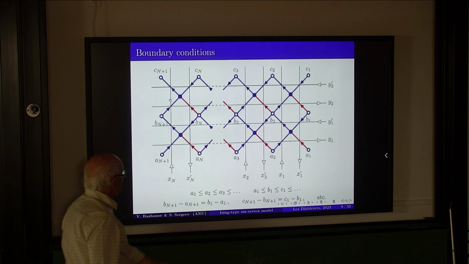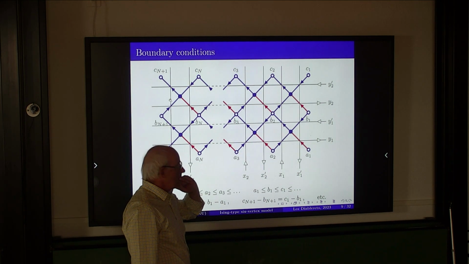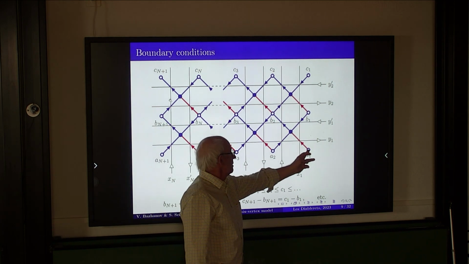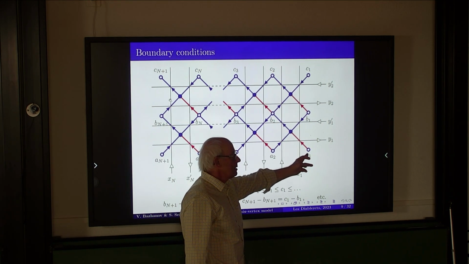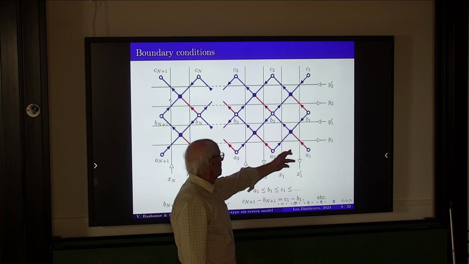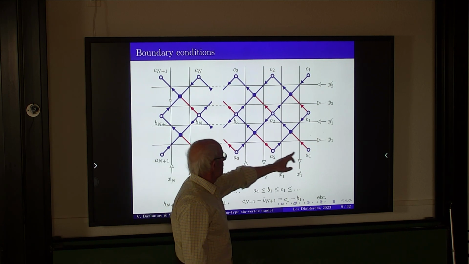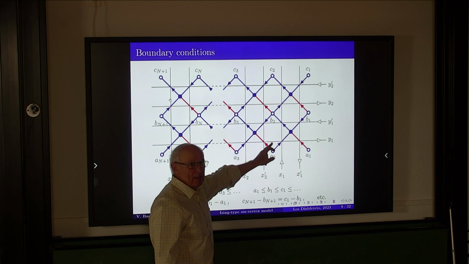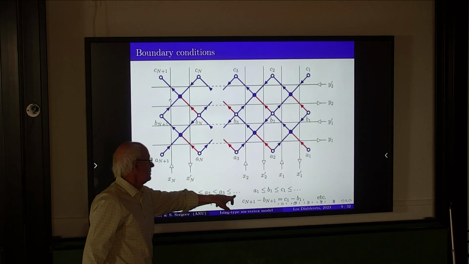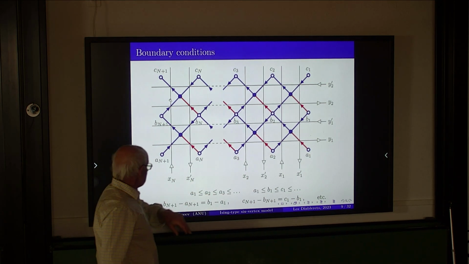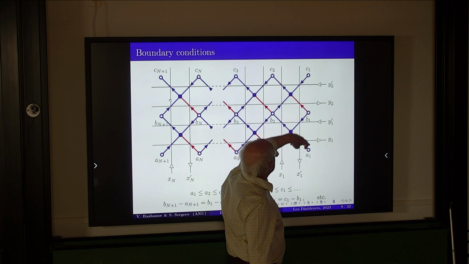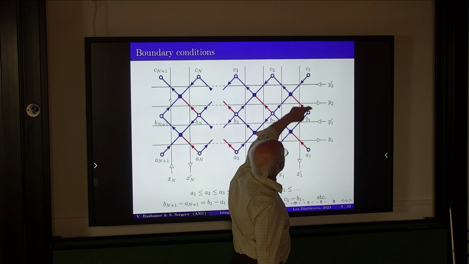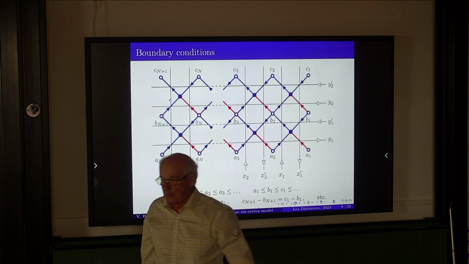We put the boundary condition on the spin. We say that spin will not decrease. So A2 is greater or equal to A1, and A3 is greater than or equal to A2, and so on. Similarly, spin B1 is greater or equal to A1, and so on.